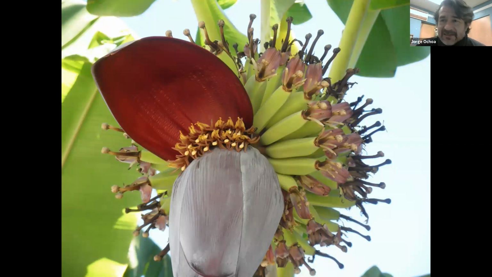And bananas, more common. The first grouping of flowers that will come out of the spike of banana will be female, and you can see them with a much larger stigma. And then at a certain point, the sexes of the flowers will change, and then the plant will produce only male flowers.